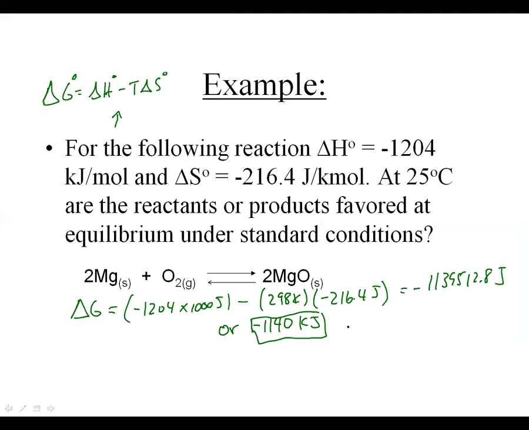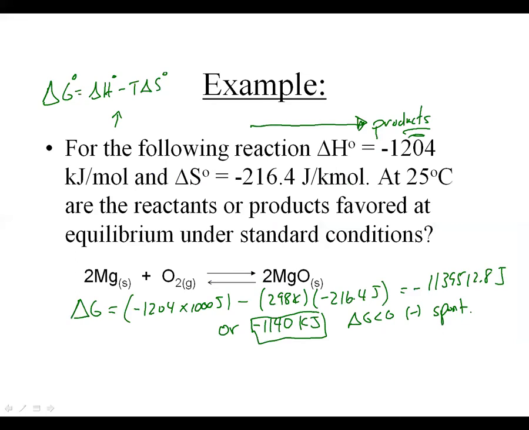And since it's a spontaneous reaction, we would assume the reaction is heading to the right towards the product side. So we would expect products to be made in this particular case.